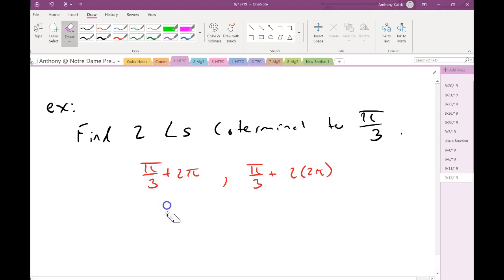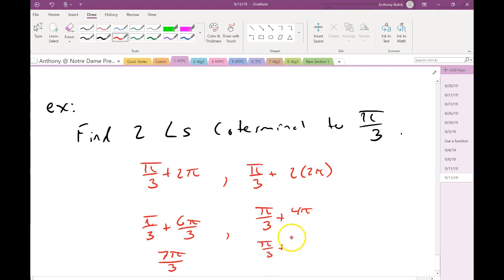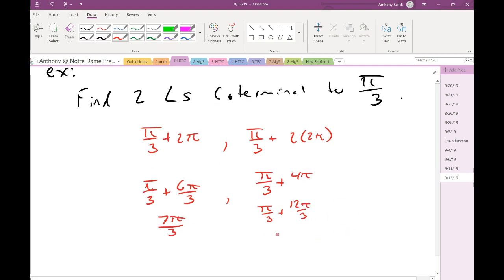So pi over 3 plus 6 pi over 3 gives me 7 pi over 3. And then pi over 3 plus 4 pi. If I make a common denominator, pi over 3 plus 12 pi over 3, so I get 13 pi over 3.